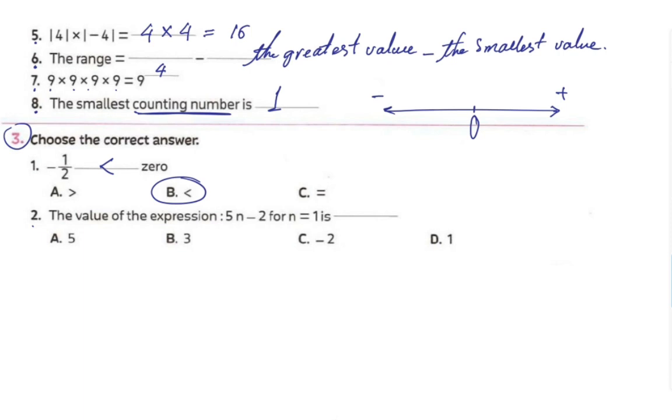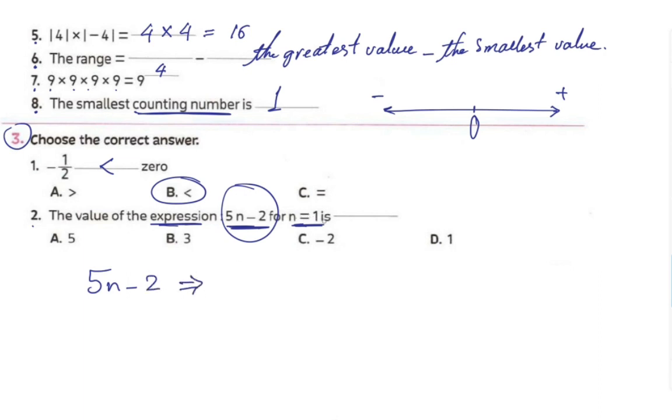Point number 2. The value of the expression 5n minus 2 for n equals 1 is what? Now, just an expression. Why do we call it an expression? There is no equal sign here, so it's an expression. And I have the variable value, so 5n minus 2 equals what?